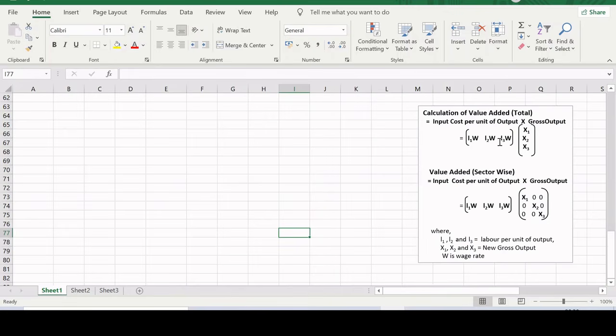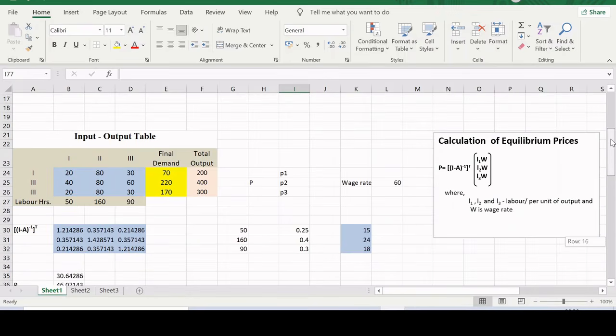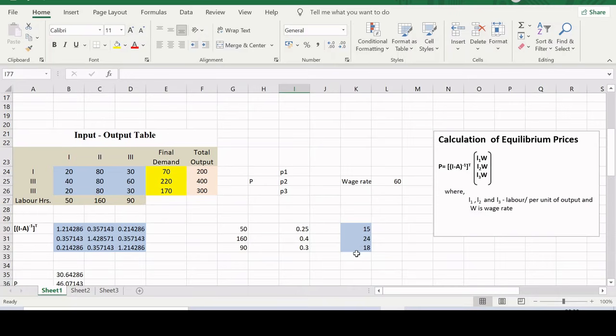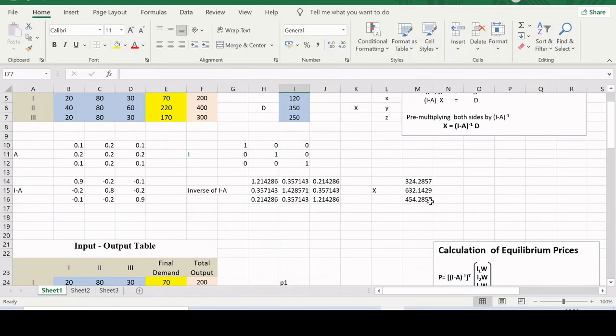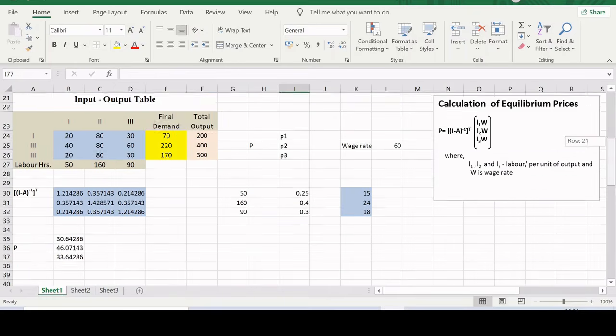So we have already calculated the labor cost per unit of output earlier while calculating the equilibrium prices. So these are 15, 24 and 18, and we also have the information regarding the gross output that we calculated in point number 1. So I can copy this information from here.